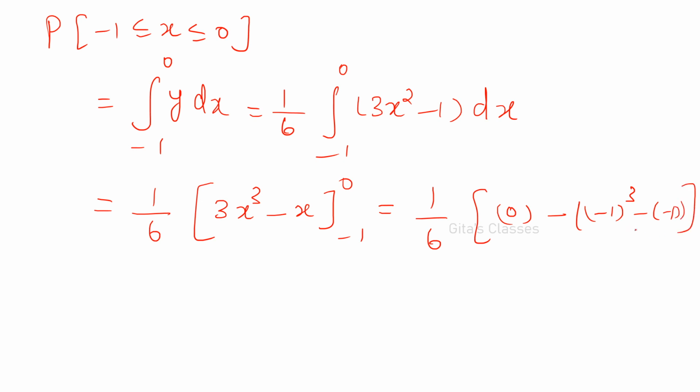So this will become 0. Here this is minus 1 plus 1. Therefore it is equal to 0. Therefore for upper limit also 0, lower limit also 0. Therefore the value is 0.